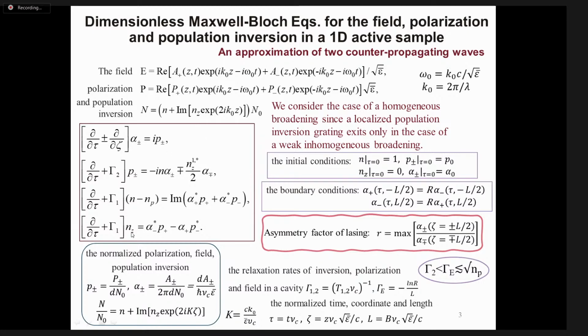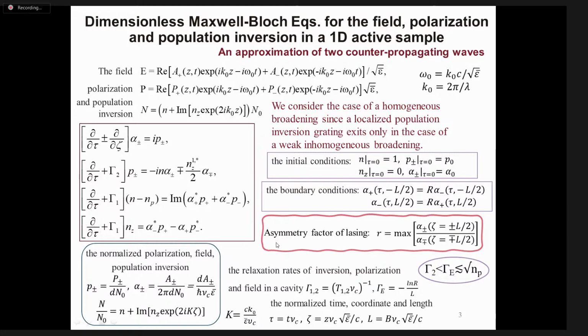We have these 6 nonlinear equations for these 6 independent functions, and in numerical modeling we solve these equations with weak initial conditions using boundary conditions of symmetric Fabry-Perot cavity.